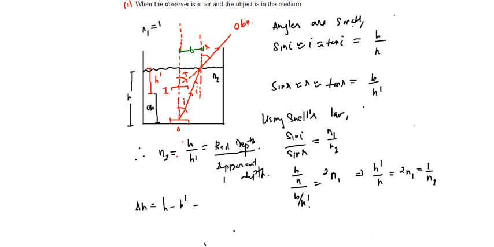From this relation, H dash can be written as H by N2, which implies delta H is equal to H times (1 minus 1 by N2).